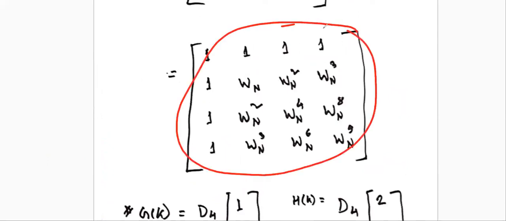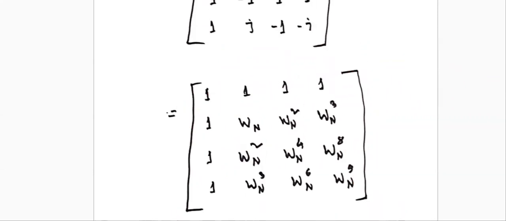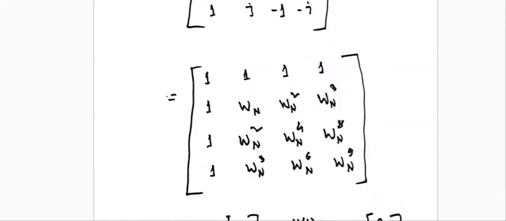Because, as you know, we are giving our g[n], and then W_N is the multiplication value to the power kn. So based on the position, this value can be already found, and this matrix can be built.